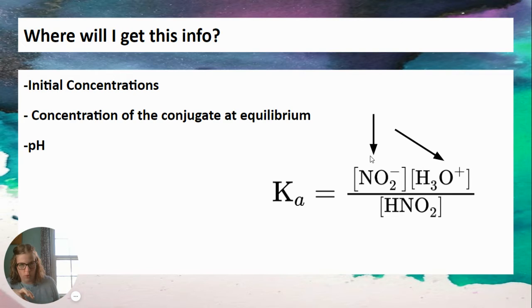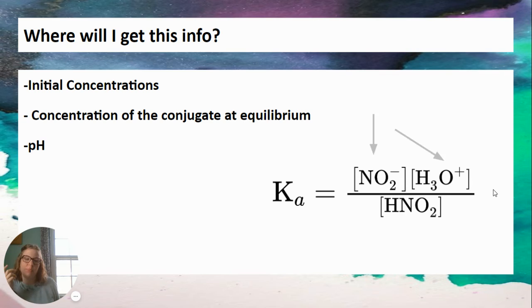So if I know the nitrite, I also know the H3O+. Technically they're only giving you one piece of information, but they're actually giving you two.